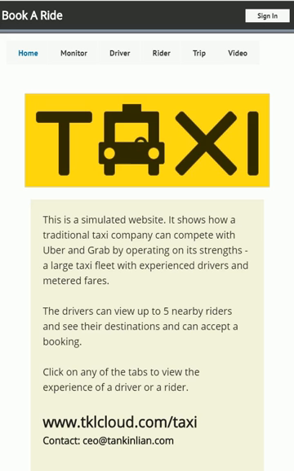Their algorithm works like this. The customer makes a booking. That booking is broadcast to several taxis nearby, and one of the first taxis to accept the booking receives it.